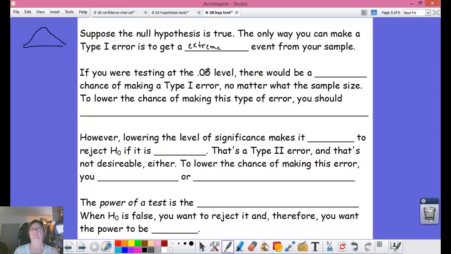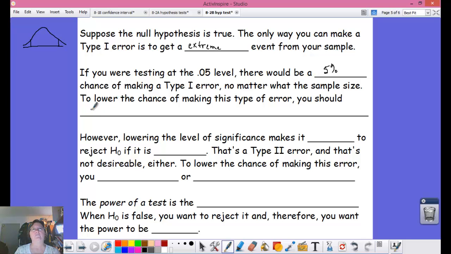If you're testing at the .05 level, there's always a 5% chance that could happen by chance. I mean, 5% of the area could be hit by chance alone. So if you got an extreme event, then there's a 5% chance you're going to make that type 1 error just by chance. It doesn't matter what the sample size is. That's not going to help in this because there's always a 5% chance.